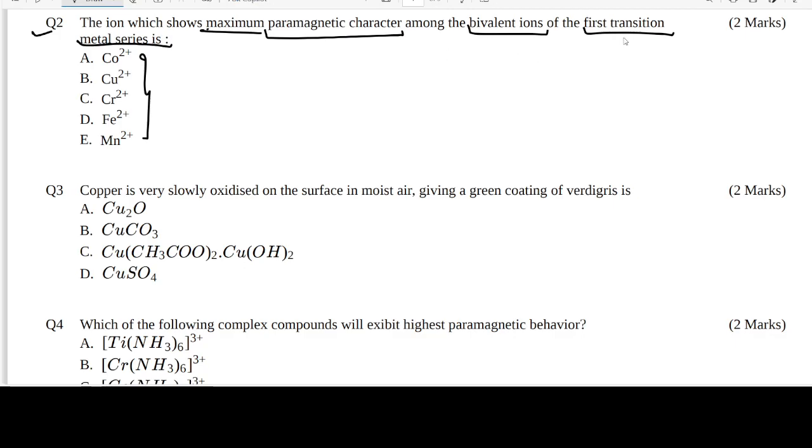You should have one clear point in this regard: what is the paramagnetic character.